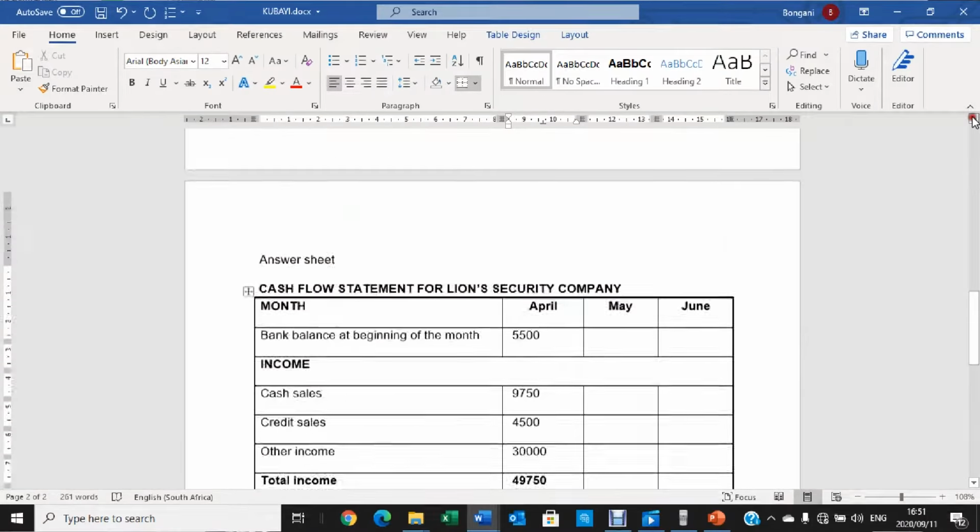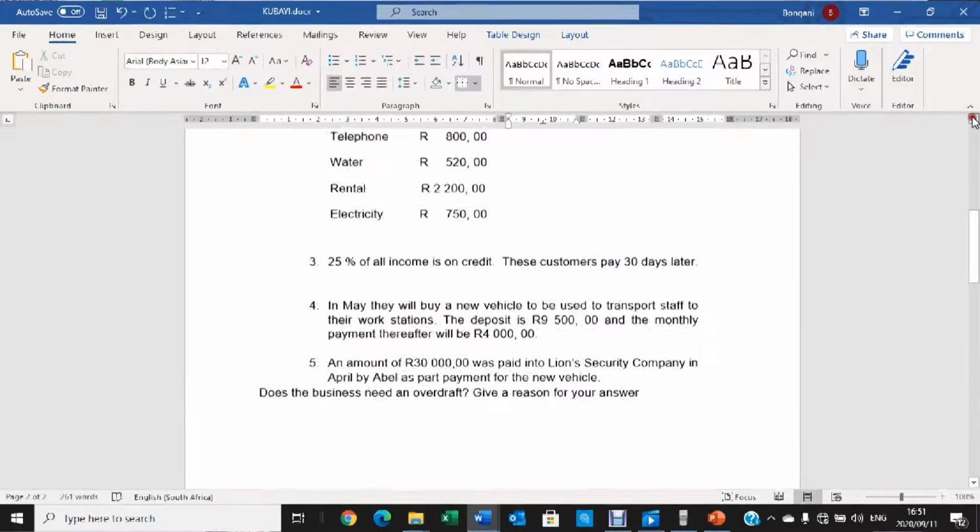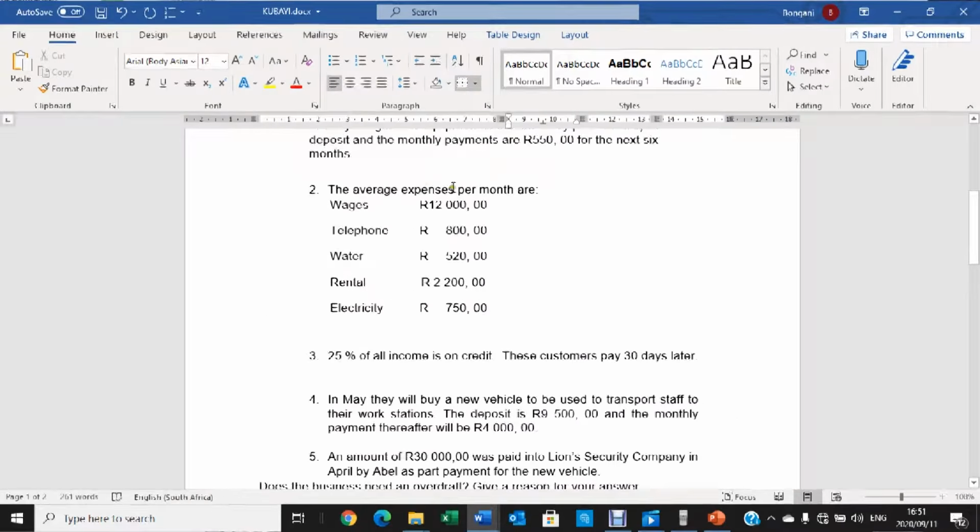Our monthly expenses, we are going to add all the average expenses per month, which is as follows. Wages of 12,000 plus the telephone of 800 plus the water of 520 plus the rental of 2,200 plus electricity of 750, which it is going to give us the total amount of 16,270.